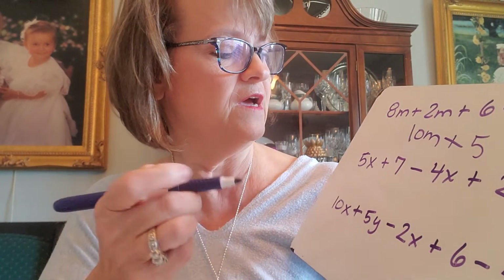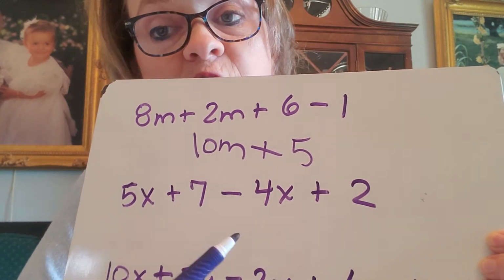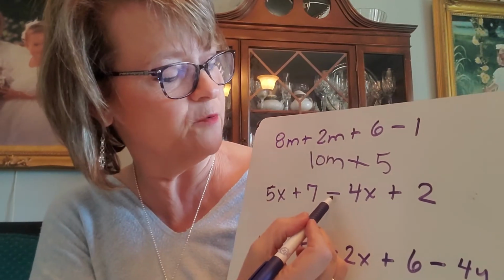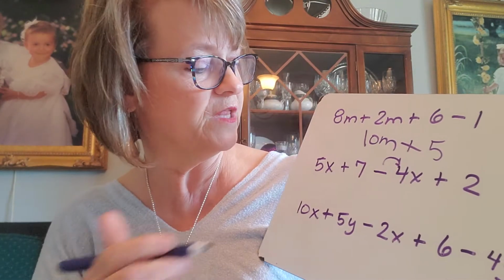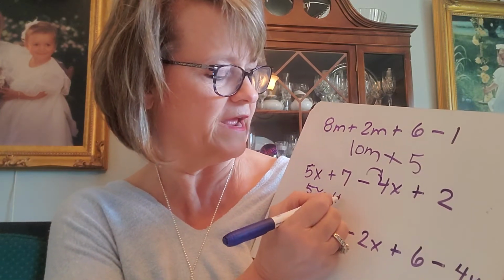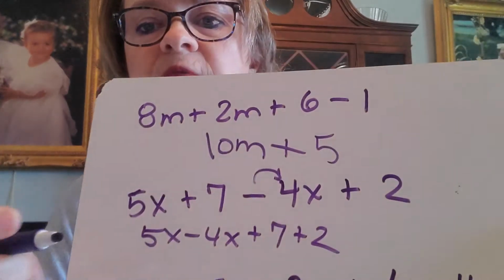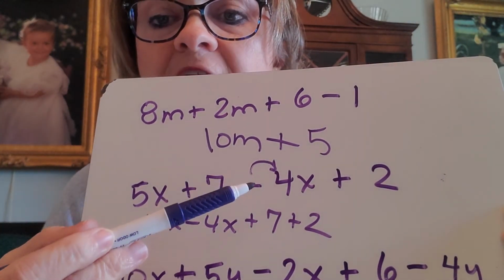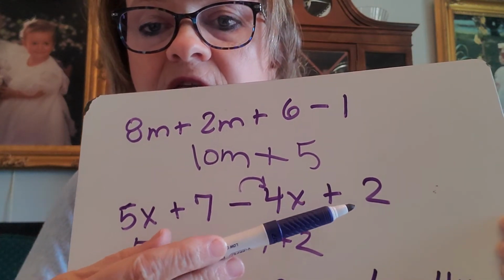The next one, I've done a longer one. Be careful when you start seeing subtract signs. This subtract sign right here belongs to the 4, so keep that in mind. So really what this means is 5x subtract 4x's and 7 plus 2.